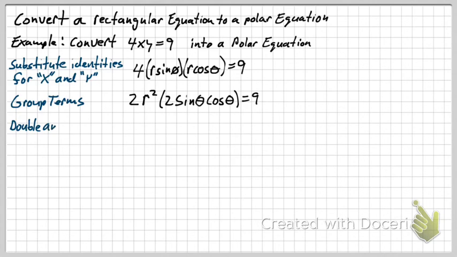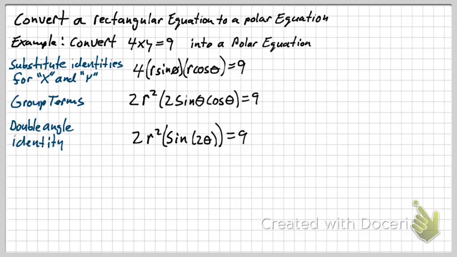The clever thing I did is I recognized that 2 sine theta cosine theta is a double angle identity, so I took that a little step further. If you got to this point, great. This is even better for simplification, but I could be happy with this.